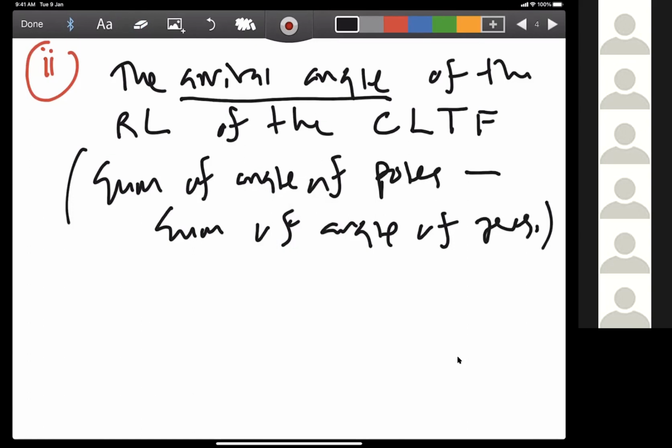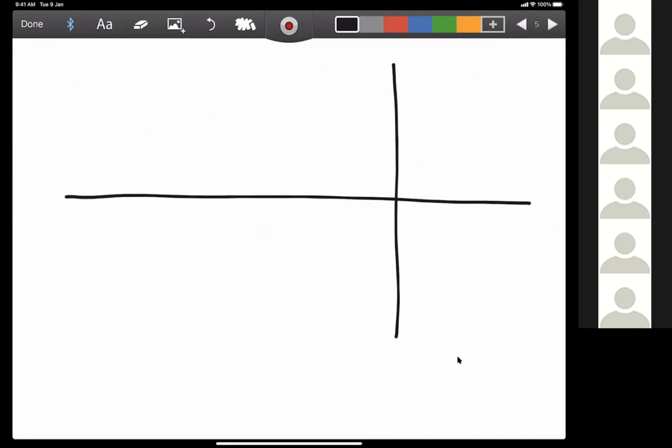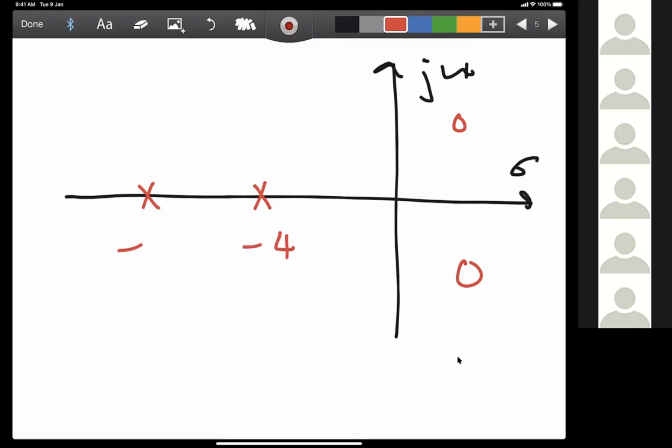Okay, so we draw it so that we can see. The zeros first: minus 4, minus 10. And this one is positive j2, minus j2.